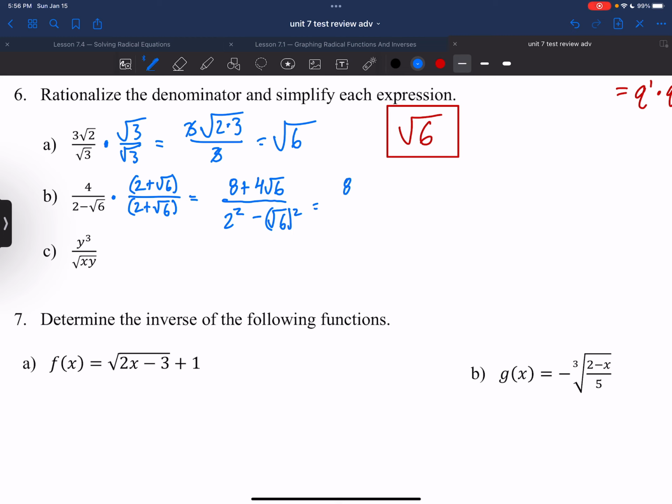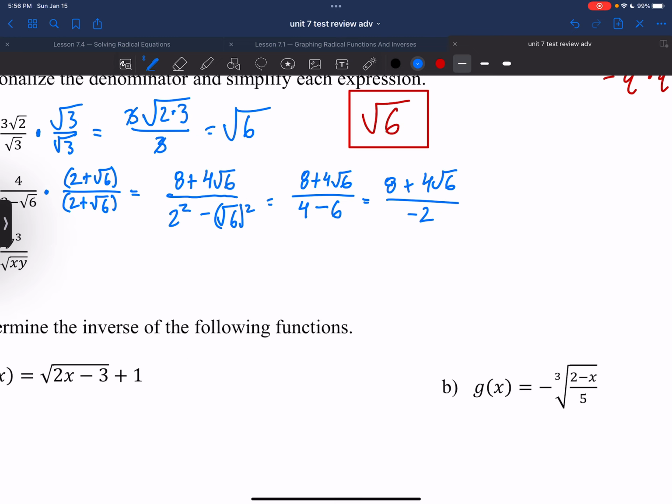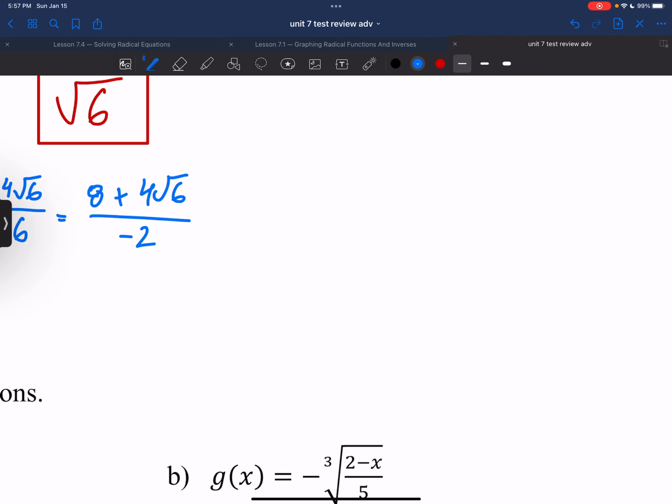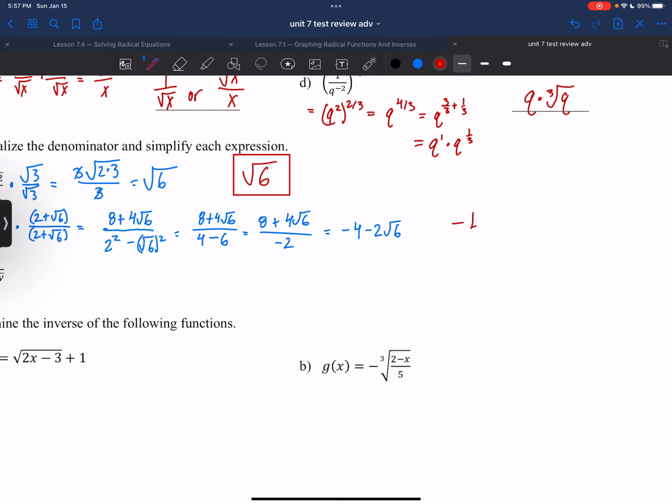So that's 4 minus 6. The top is 8 plus 4 root 6. So it's really 8 plus 4 root 6 over negative 2, which equals negative 4 minus 2 root 6. So that's my answer. Negative 4 minus 2 root 6.